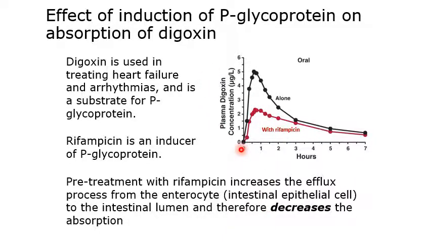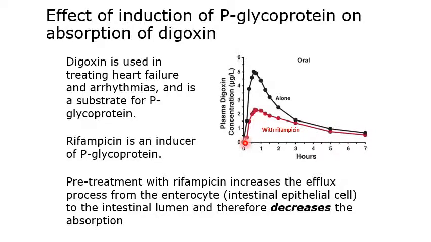When digoxin is given alone, you can see here the black line, which is the plasma concentration time curve following oral administration of digoxin alone. You can see that the plasma concentration time curve shows an AUC, or area under the curve, much higher than when digoxin is co-administered with rifampicin.